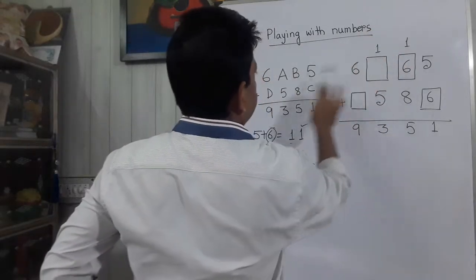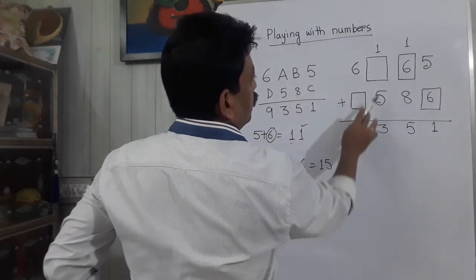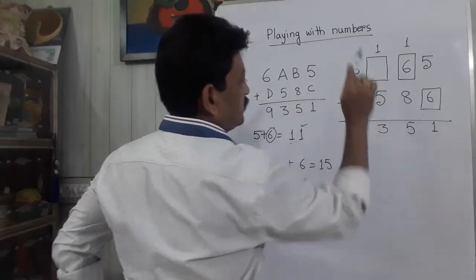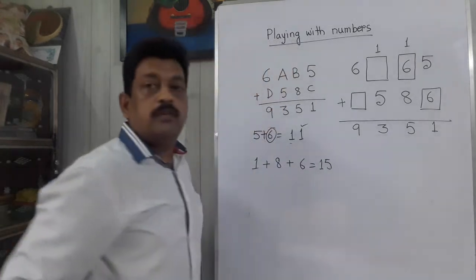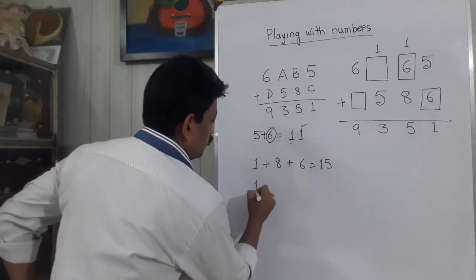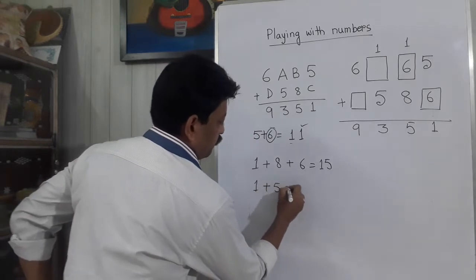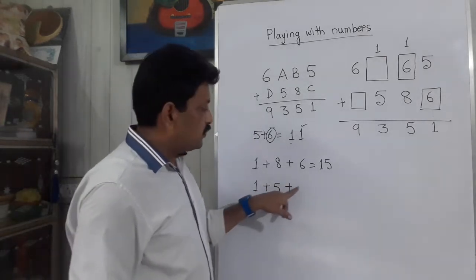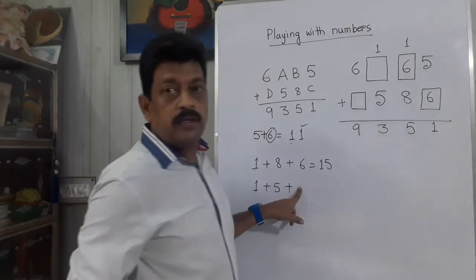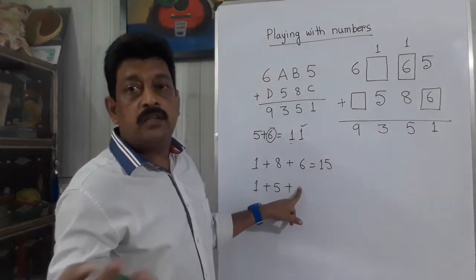Now 1 plus A is here. 1 plus 5 is 6. 6 plus which number gives 3 in the unit place? 6 plus 7 is 13.